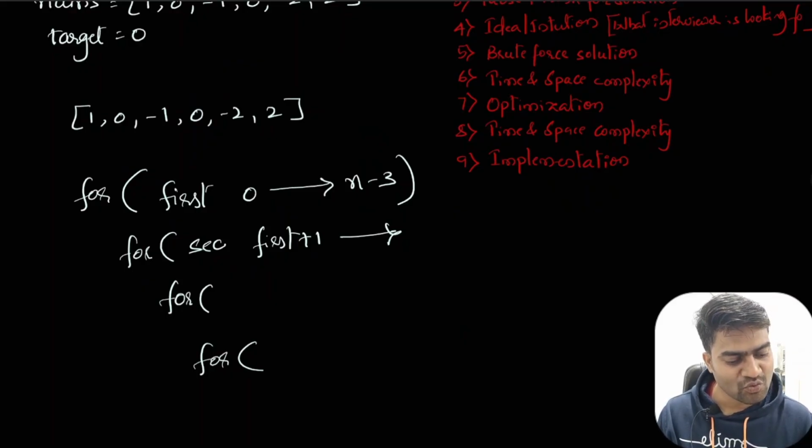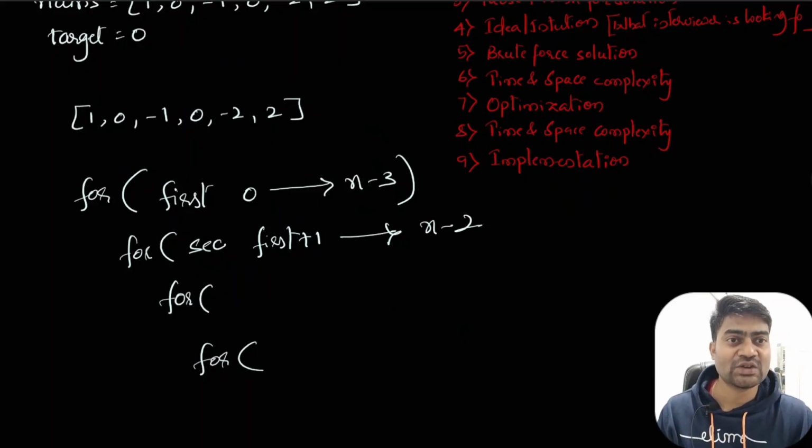So it will move until this number. Why? Because after the second number, we still need two more numbers. So we need to iterate from first plus 1 till n minus 2 basically. Why 2? Because we need at least two numbers after that.